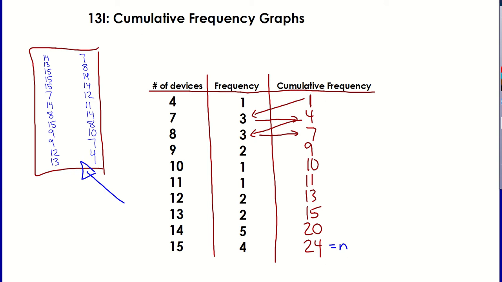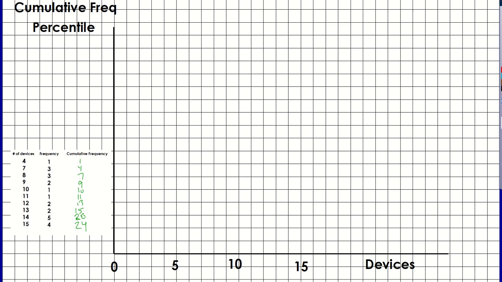The number of devices is going to go on the x-axis. We've graphed frequency before on the y-axis, and in this case, because I have a discrete math problem, this would be a bar graph if I were to graph the frequencies. But because I am making a cumulative frequency graph, I'm not actually looking at the frequencies. I'm going to be putting the cumulative frequencies on the y-axis.